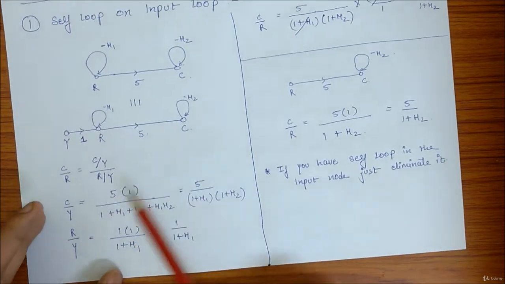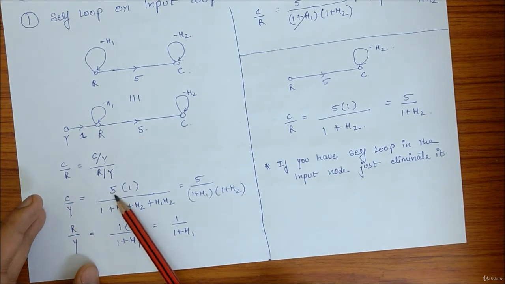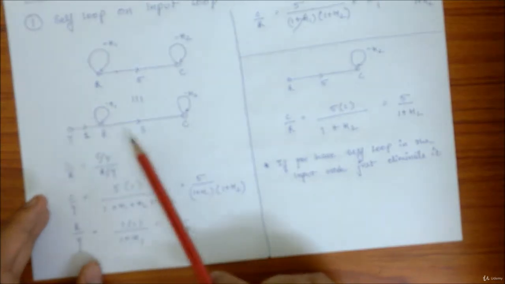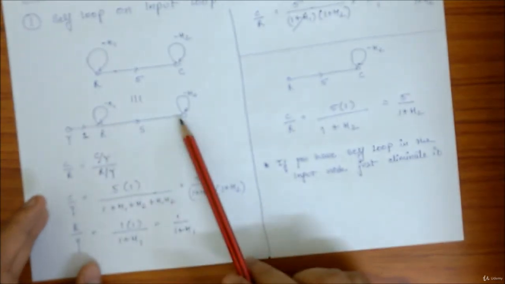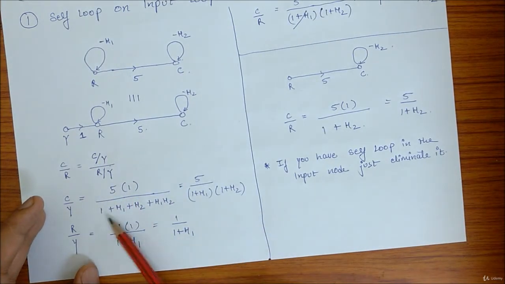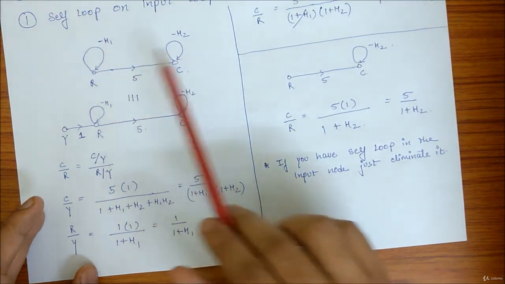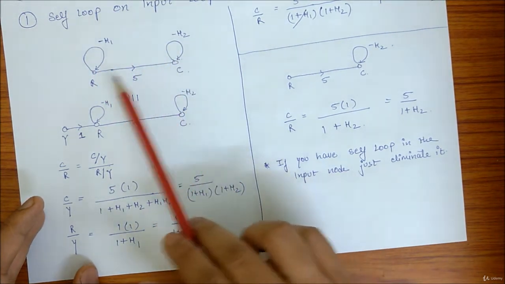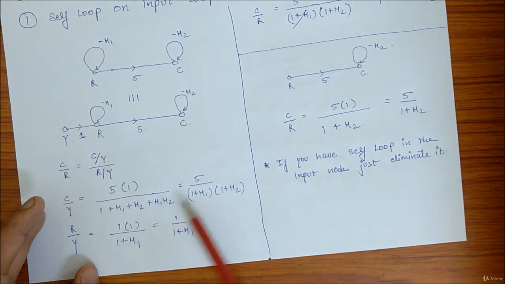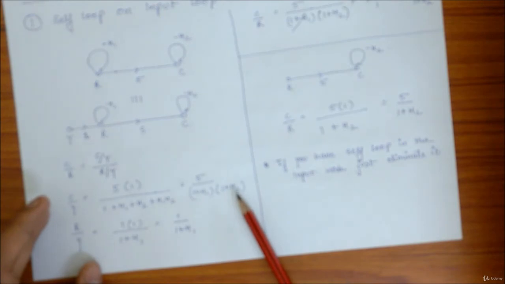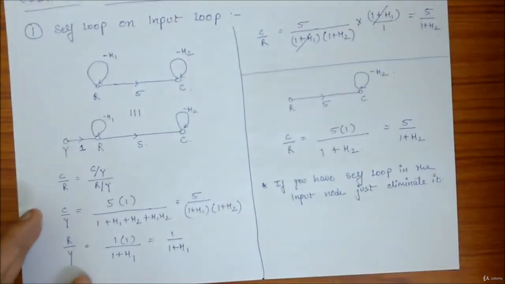When you do this, c by y will be 5 into 1, delta k is 1, divided by 1 plus h1 plus h2 plus h1 h2. These two are individual loop gains, and there is a non-touching part h1 h2. So finally it is 5 divided by 1 plus h1, 1 plus h2, just like the previous question we did.